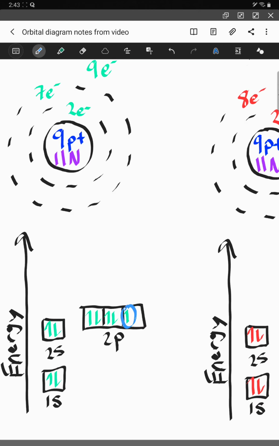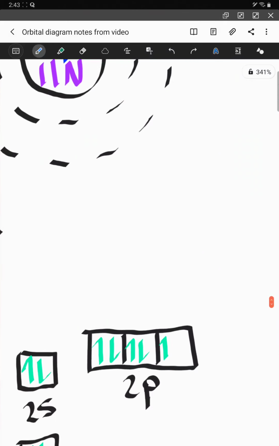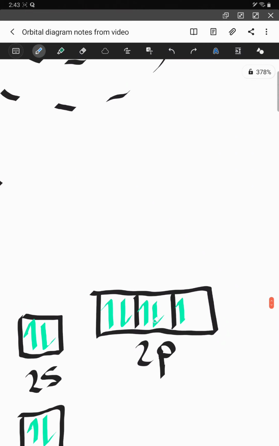Don't take away that one, because remember, these electrons like to socially distance, and we need 1 electron per box before any boxes get 2 electrons. So therefore, I would need to take away this electron, not this one.